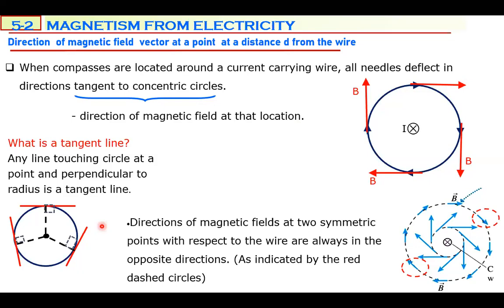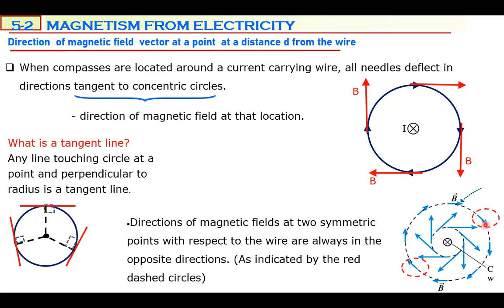And the direction of the magnetic field at two symmetric points with respect to the wire are always in opposite directions. So this is the wire which is carrying a current into the page, but the magnetic field lines are circulating clockwise here. Look at these two directions. According to this wire, this point and that point are symmetric. If one of them is in this direction, the other magnetic field will be opposite to that one.